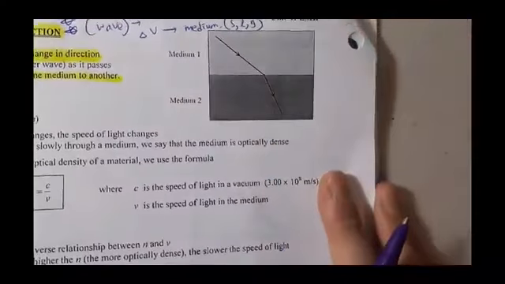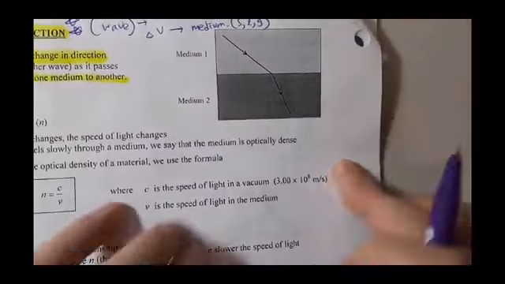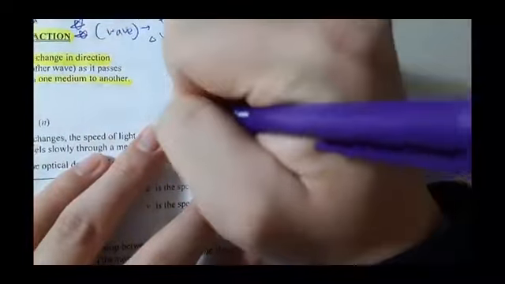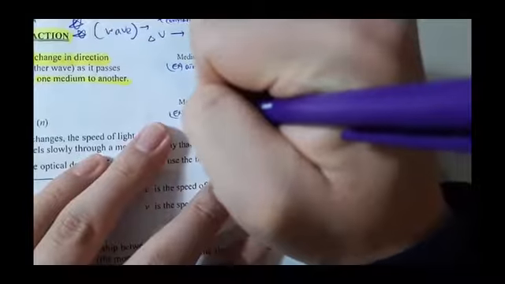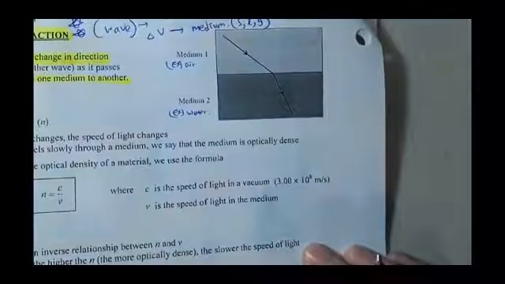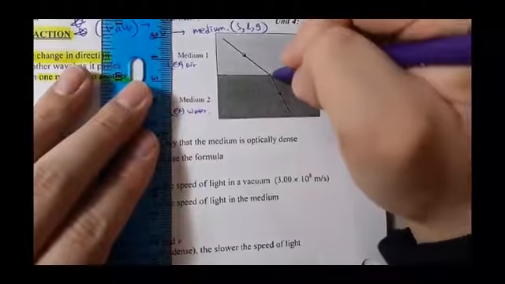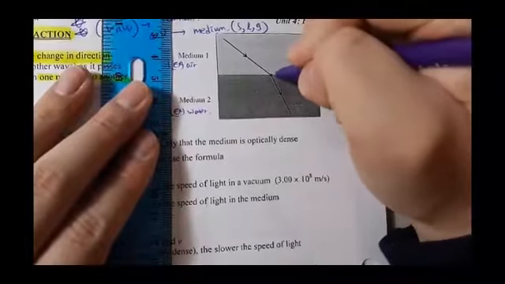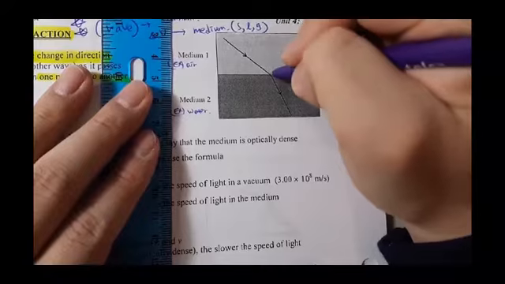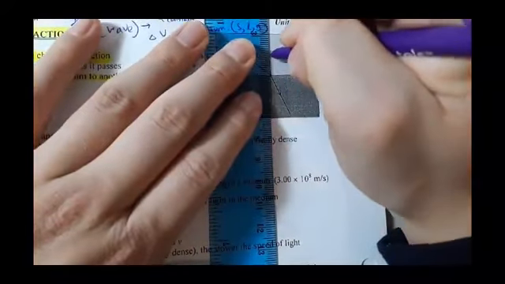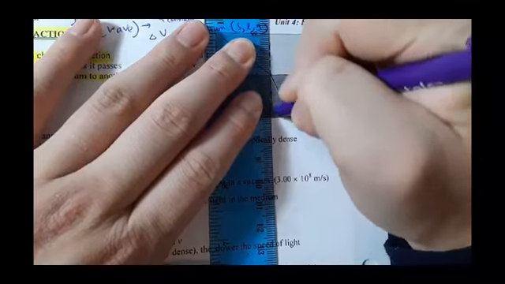I know it's a little tough to see, but medium 1, let's think of it as air, and medium 2, let's think of it as water. The way that you find the angle, by the way, is exactly identical. Can you see this interacting point between the first medium and the second medium? I want you to draw a 90-degree normal line.